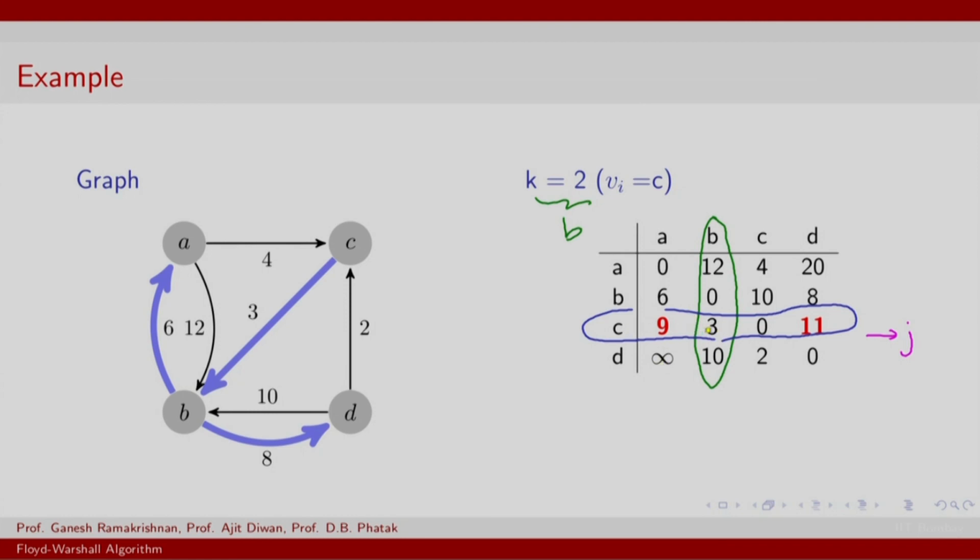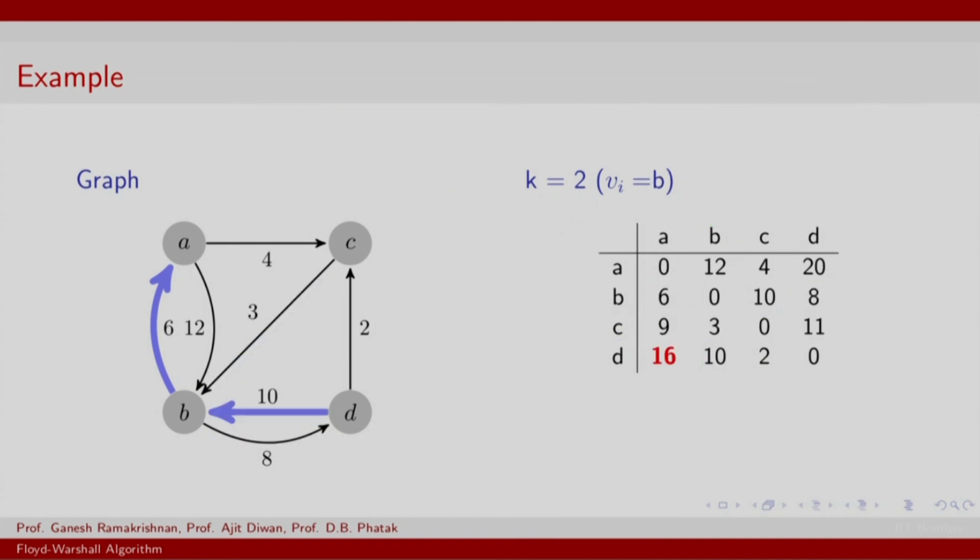CB is 3 and BA is 6. So this leads to an update of 9 for CA. We also look at CB, which is 3, plus BD, which is 8, and that is 11, and that is actually less than the earlier value of CD, which was infinity. So this gives you 2 updates for Vi equals C.